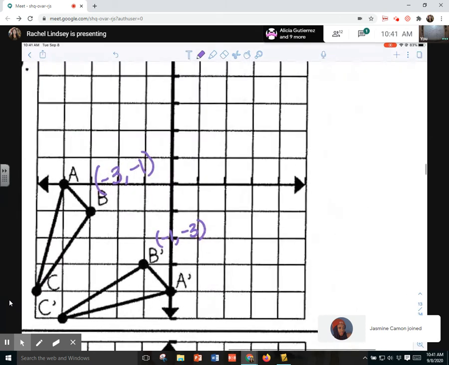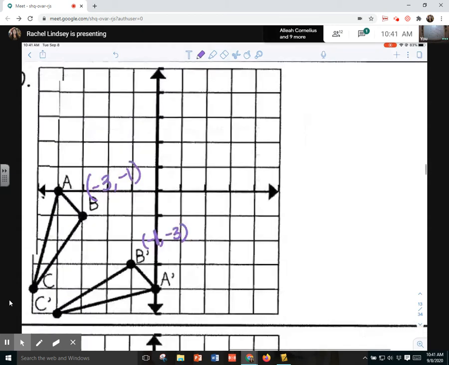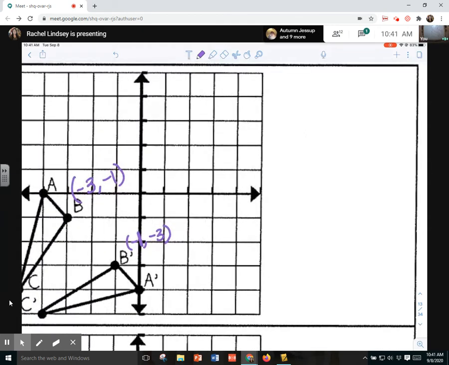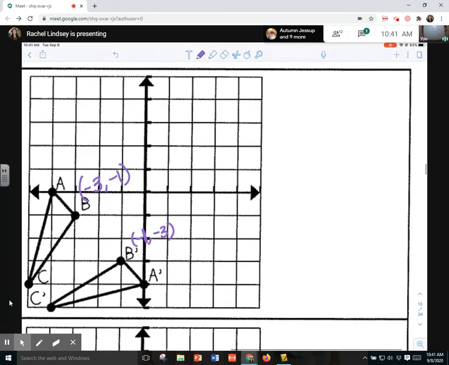So what happened to those coordinates from B to B prime? They flipped, right? So my (x, y) went to (y, x). So what line did that reflect over? The y equals x.